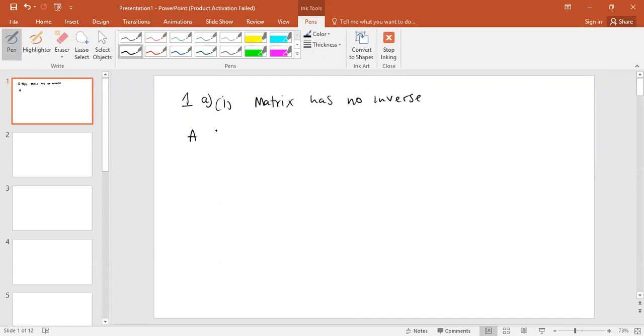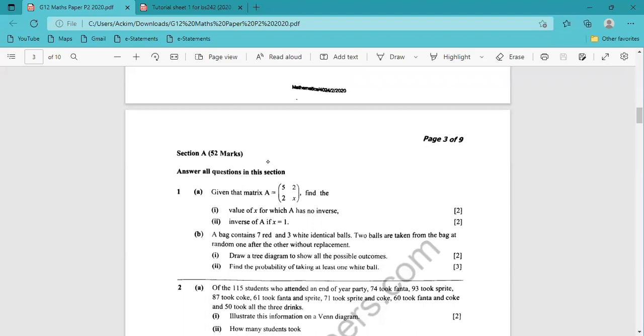A singular matrix has no inverse, and its determinant is 0. So the determinant of the matrix that is singular is 0.